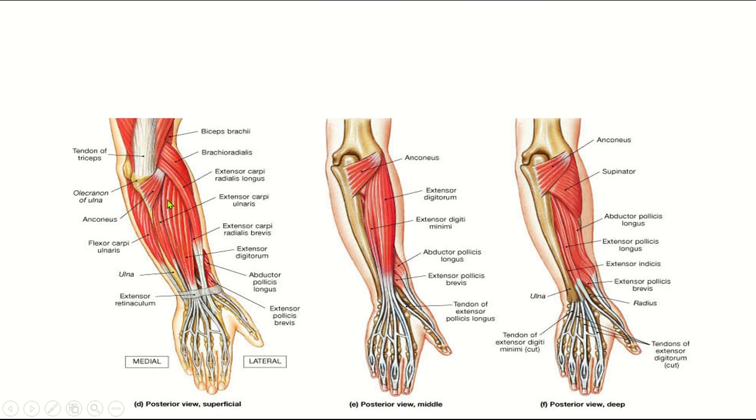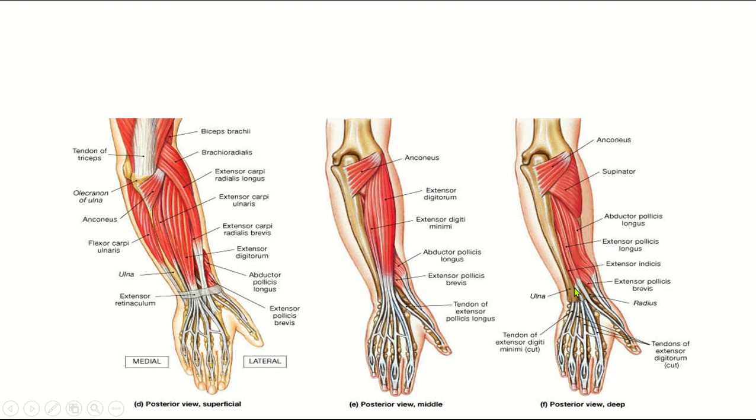So, in this diagram, we can see the posterior view, superficial. The muscles we can see here are extensor carpi radialis longus, extensor carpi ulnaris, extensor carpi radialis brevis, and extensor digitorum. In the middle layer are extensor digitorum and extensor digiti minimi, and the deep layer consists of anconeus, supinator, abductor pollicis longus, extensor pollicis longus, and extensor indicis.